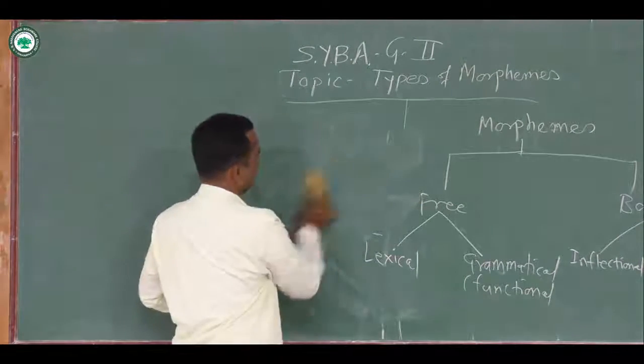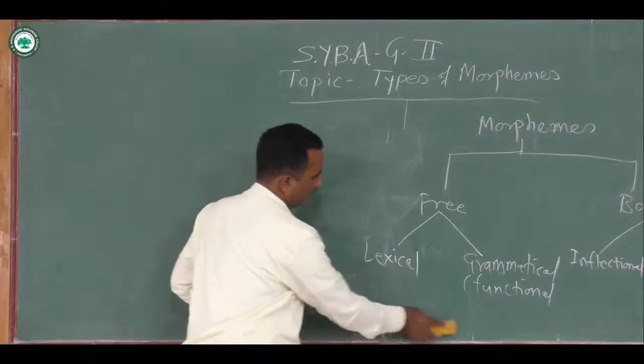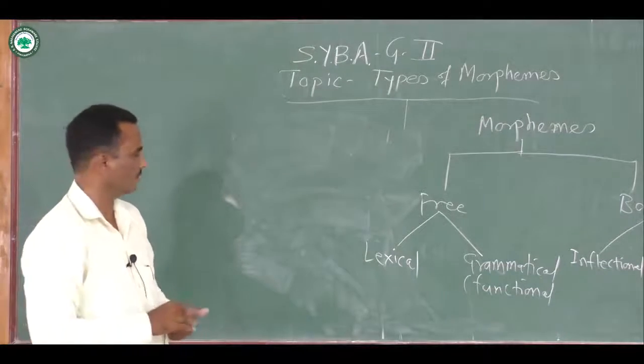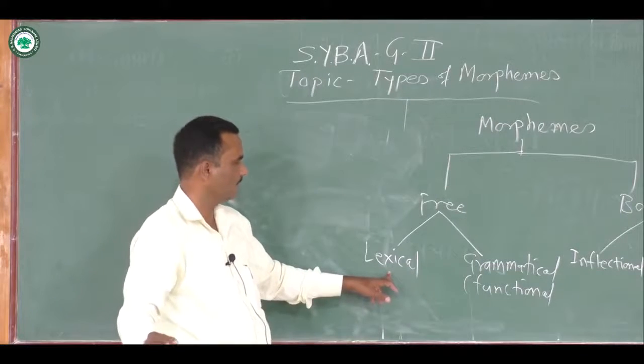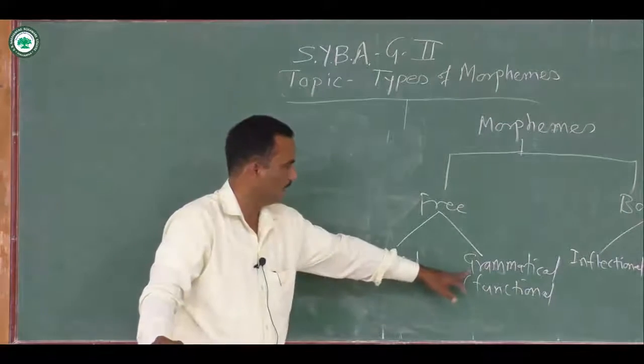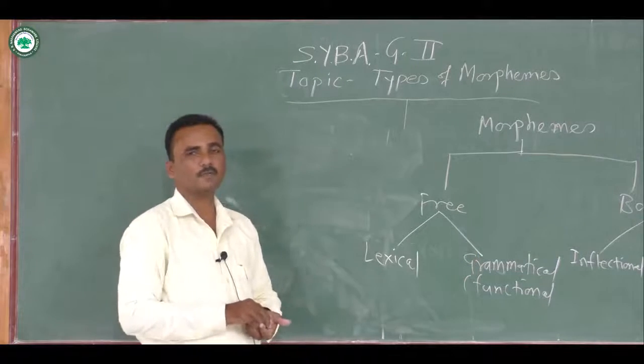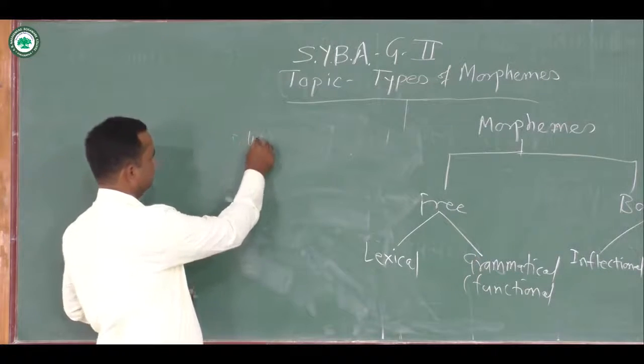Now let us see what are the different types, categories, classes or subclasses of free morpheme. The first one is lexical morpheme and the second one is grammatical. Lexical morpheme refers to words.